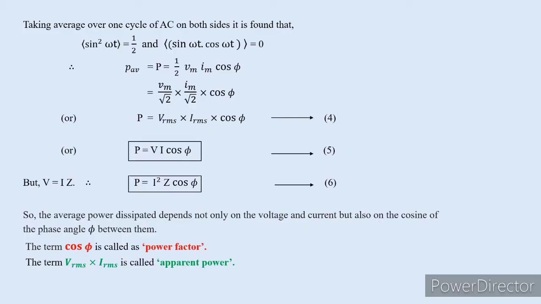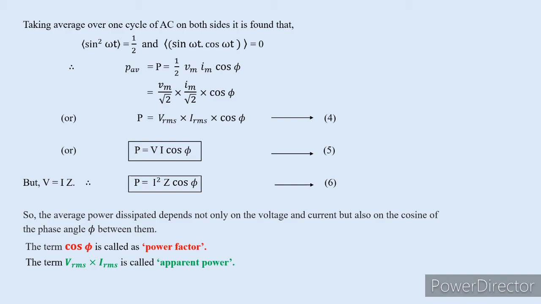Taking average over one cycle of AC on both sides, it is found that average of sin square omega t is equal to 1 by 2 and average of sin omega t into cos omega t is equal to 0. Therefore, P average, which is also equal to capital P, is equal to 1 by 2 into Vm Im cos phi.